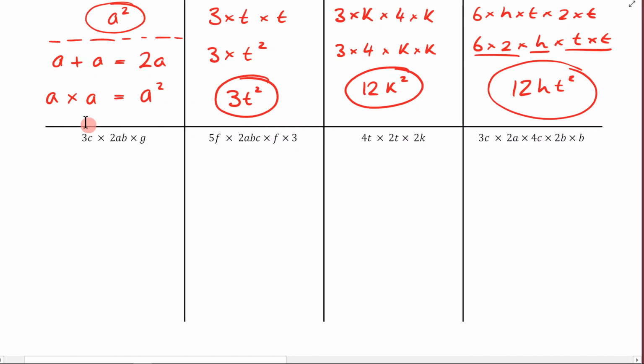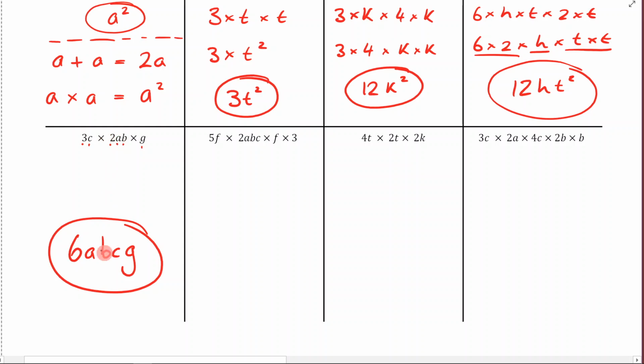Okay. Last few examples of this page, and we're going to go through this the way that I hope that you'll be working through them with enough practice. And that's by going, all right, I have a 3 here, I have a 2 here. 3 times 2 is 6. Then I have 1a, I have 1b, I have 1c, and I have 1g. That is going to be my answer. So I multiplied together the numbers, then I put all my pronumerals next to each other.